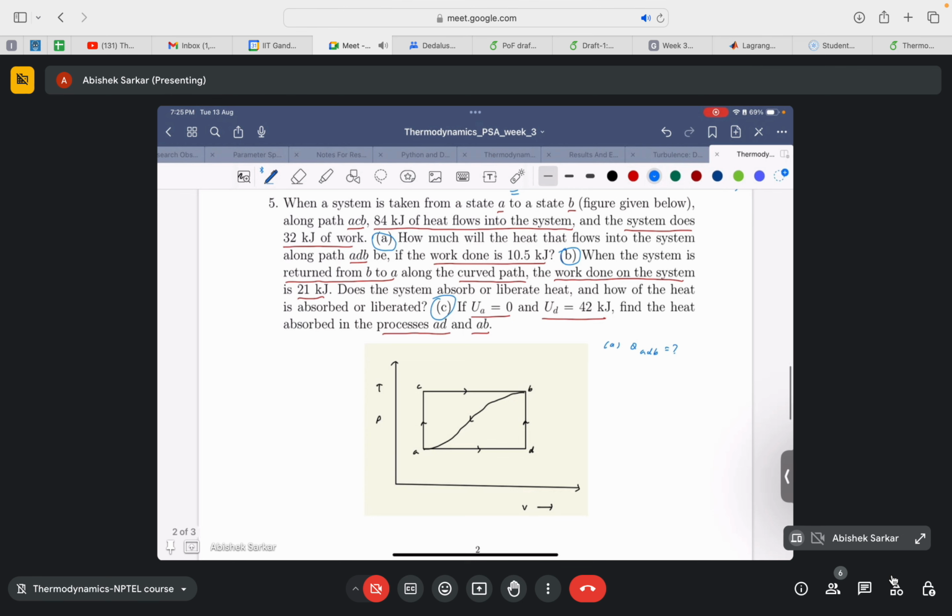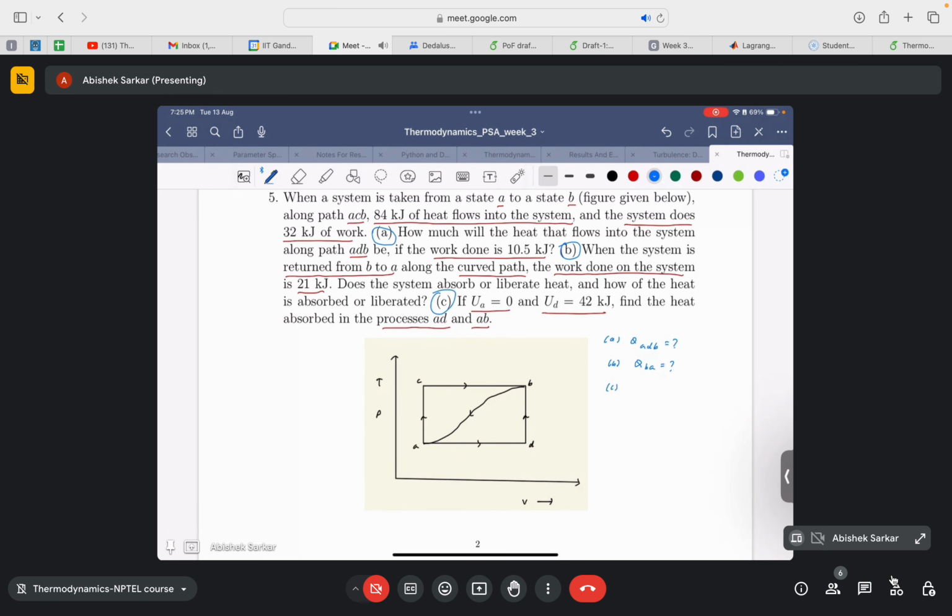Then for part B, you need to find again Q_BA. Okay. And finally, in part C, you need to find Q_AD and Q_AB.